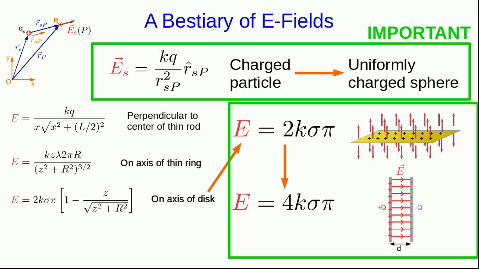We're going to use these ones over and over again, just as we'll also use the expression for the E-field due to a charged particle. So don't get all bent out of shape about these unimportant expressions for things like thin rods and rings. What is important about them is not the expressions, it was the method we used to get them. These expressions are the ones that are actually useful.